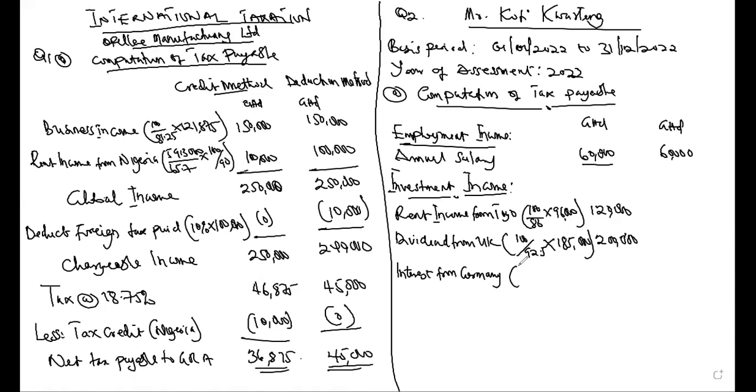A tax of 8% was deducted. Yes. So 100 divided by 92, multiplied by 82,800. How much are we getting? 90,000.